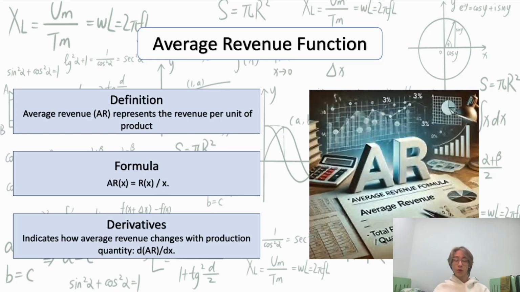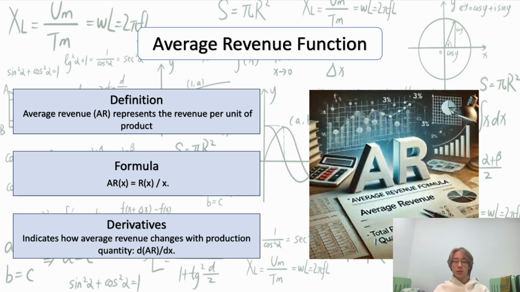Average revenue, by definition, represents the revenue per unit of the product. By formula, AR, average revenue, equals R(x) divided by x. So what does the derivative do?